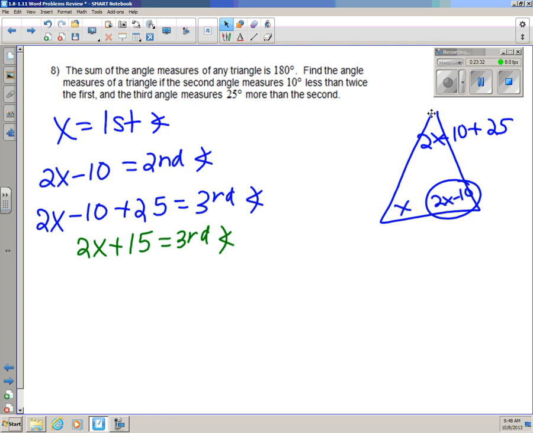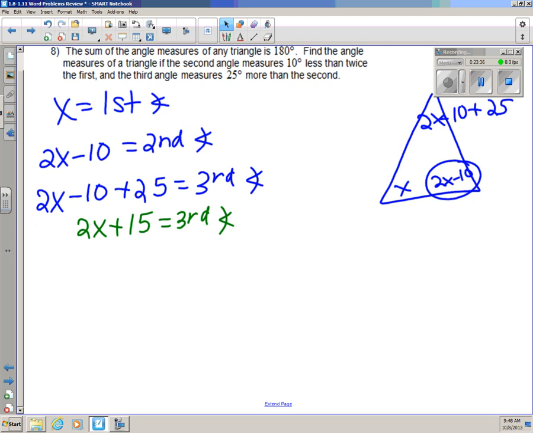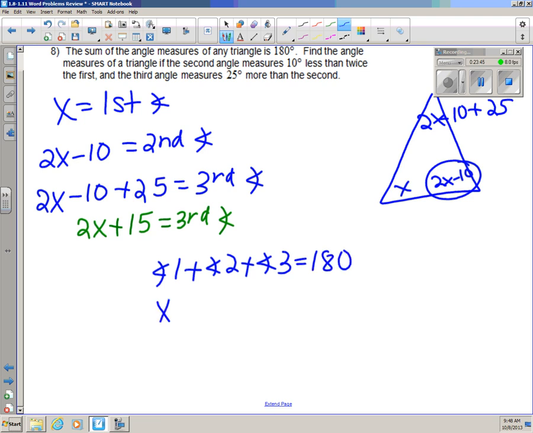Okay, it says the sum of the three angles have to add to 180, which means angle 1 plus angle 2 plus angle 3 is 180. Angle 1 is x. Angle 2 is 2x minus 10. Angle 3 ends up being 2x plus 15, and that all totals 180.